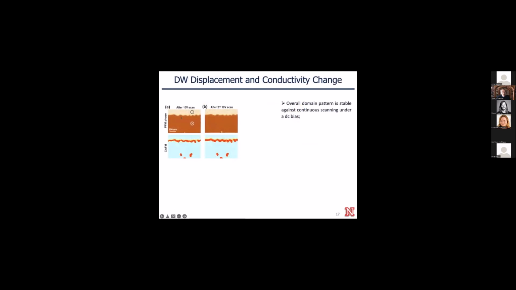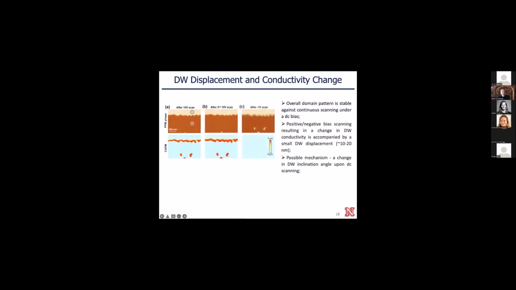So here we have a PFM image of the domain walls after application of a positive set bias, with the corresponding conducting AFM image of the domain walls. As you can see, this set bias doesn't change the domain structure. However, detailed examination of the PFM after we apply a negative set bias shows that there is a very small, tiny shift of the domain wall by a distance on the order of 10 to 20 nanometers.